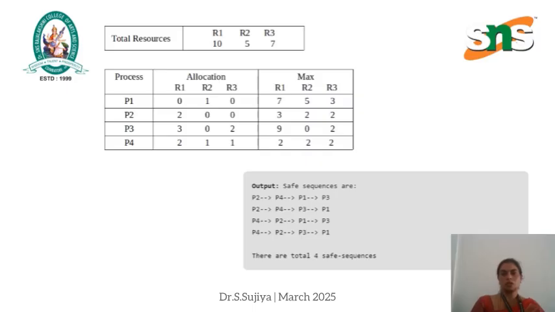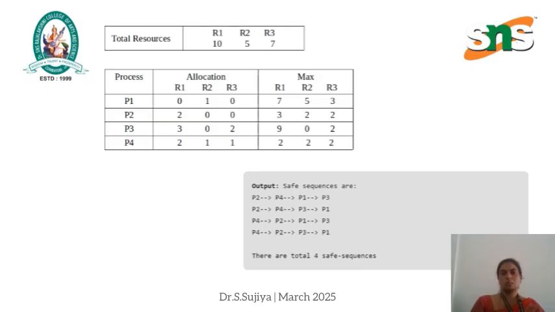Here the total resources are 10, 5 and 7. For processes P1, P2, P3, the allocation and the maximum required resources are mentioned here. So the output of the safe state after processing all the tasks is: once P2 is executed, P4 will be executed, and P1 and P3 based on the release of the resources.